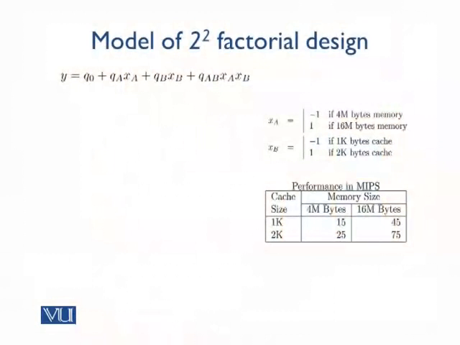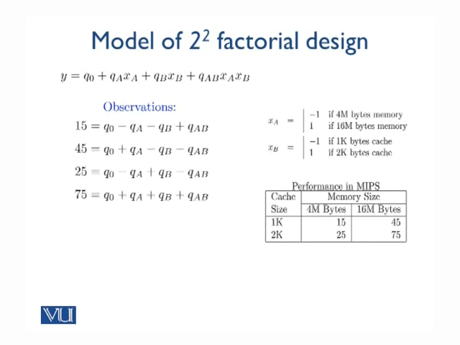And the q's are the effects coefficients. So q0 is the mean value. qA is the effect coefficient of factor A. qB is the effect coefficient of factor B. qAB is the effect coefficient of the interaction between A and B.